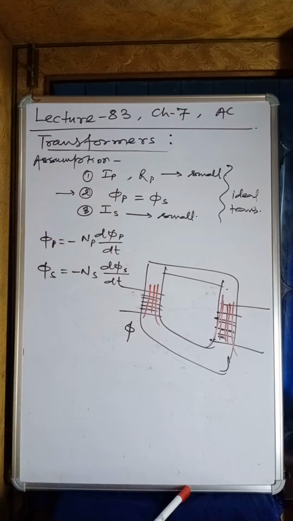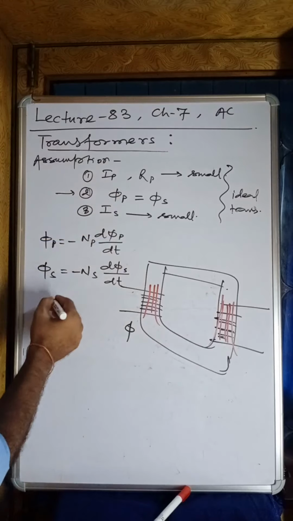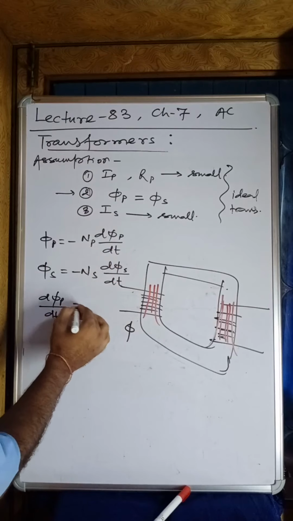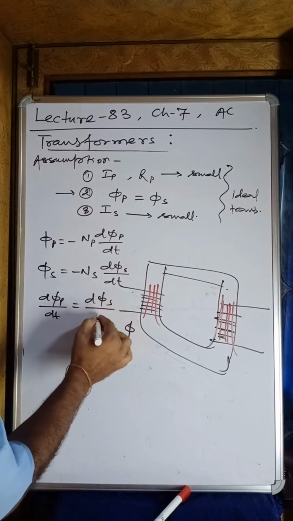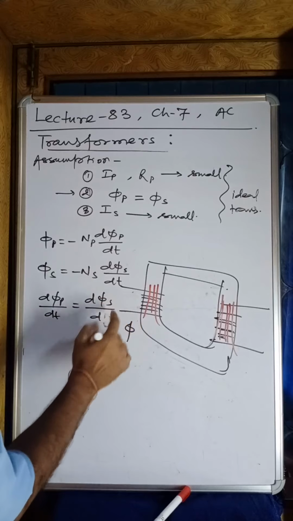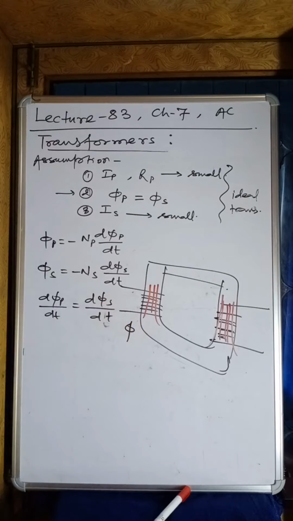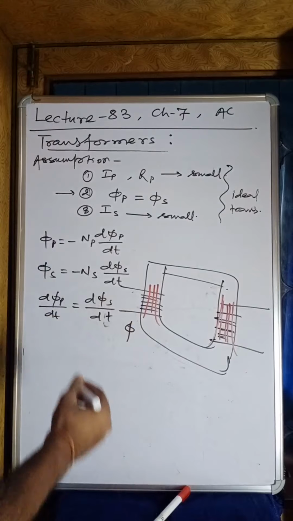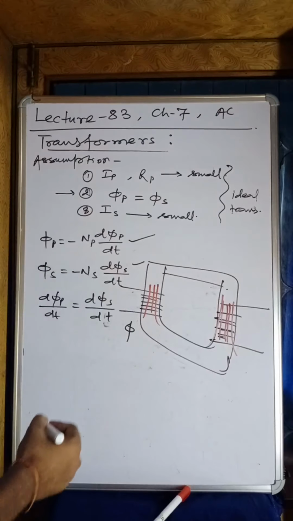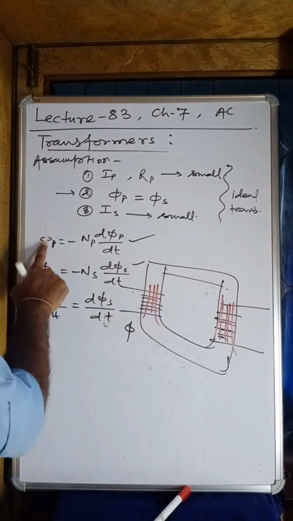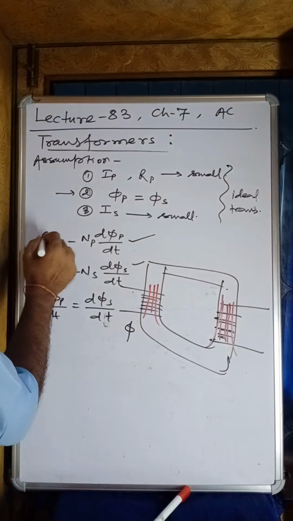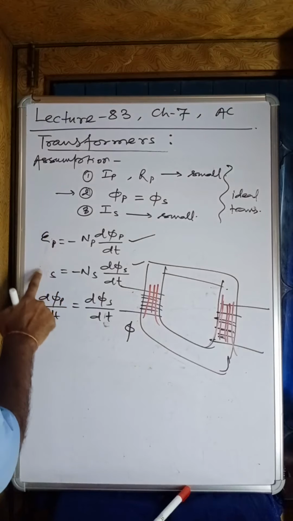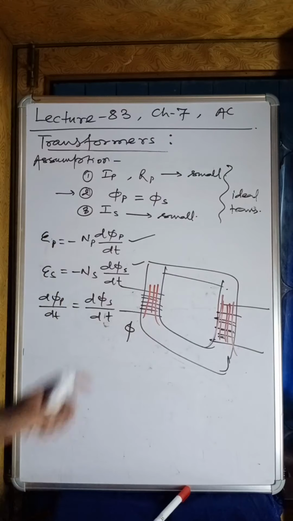What this assumption actually gives is the idea that d phi p by dt should equal d phi s by dt. So we can write, if these are constant, from where did we get this equation? From Faraday's law of electromagnetic induction. Oh sorry, this is the EMF, EP and ES.